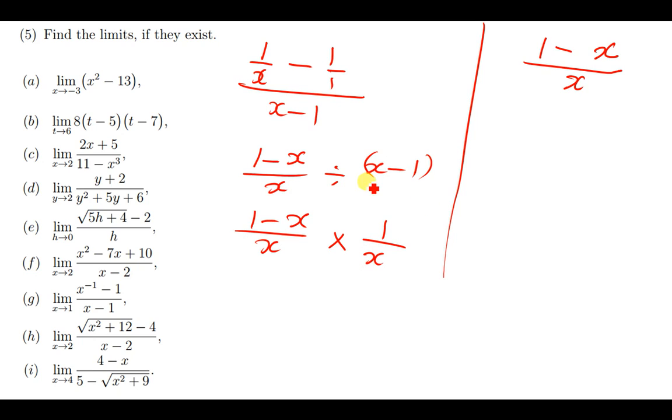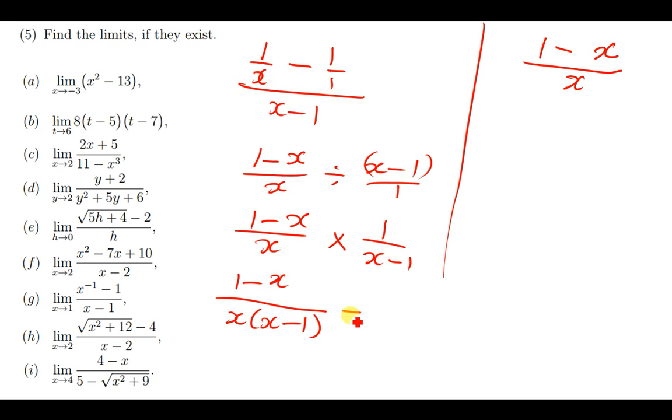We switch this: x minus 1 goes down, so we multiply. When we do the multiplication on top there, we're going to have 1 minus x times 1. The answer is 1 minus x, and then down there I'm going to have x times x minus 1.